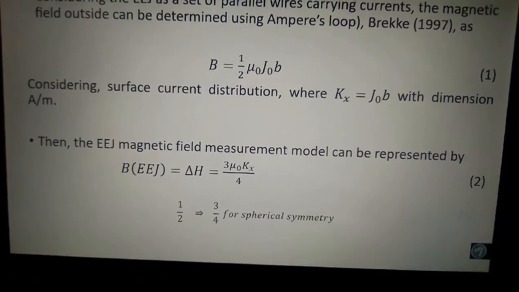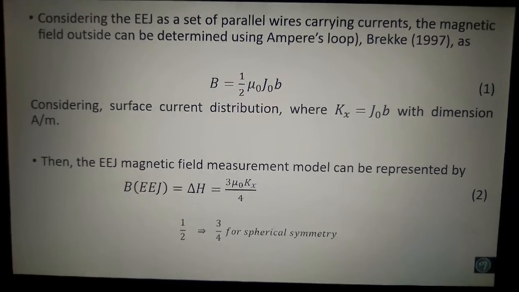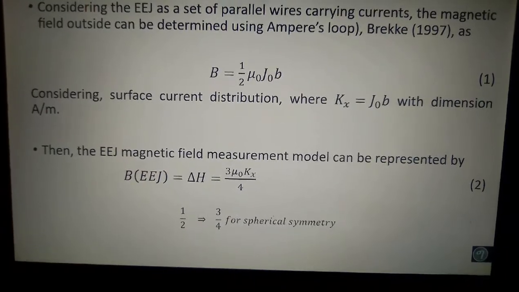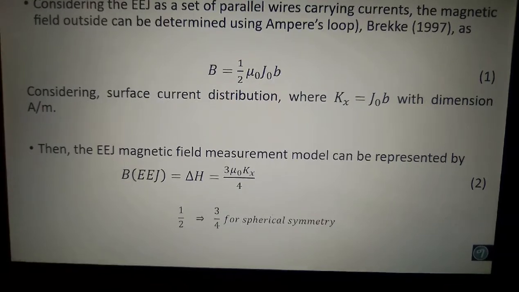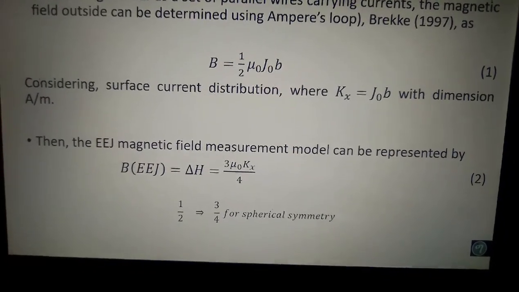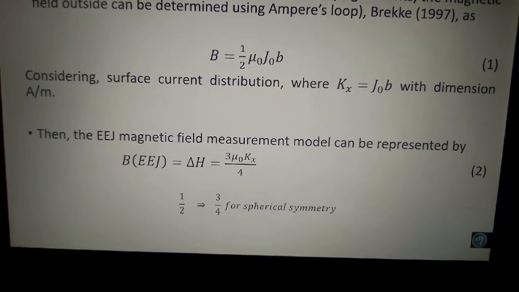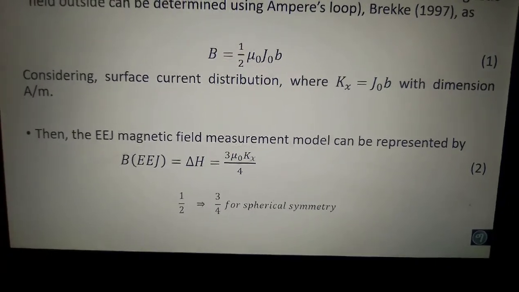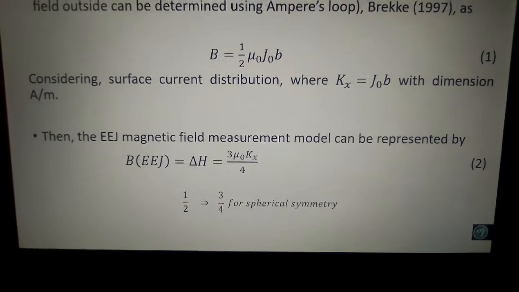By considering the EEJ current as a current sheet, we can define Kx, with the dimension of ampere per meter. Then the EEJ magnetic field measurement model can be represented by equation 2, where half is replaced by 3 or 4 for spherical symmetry of the Earth.